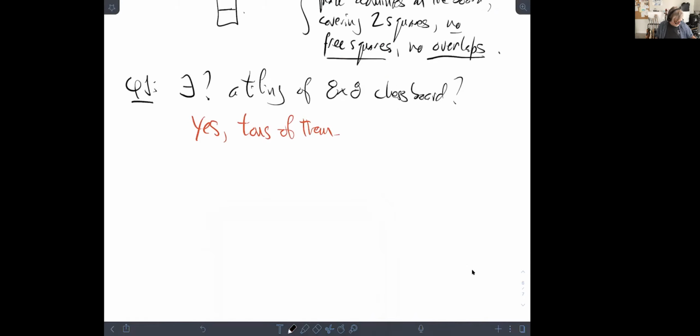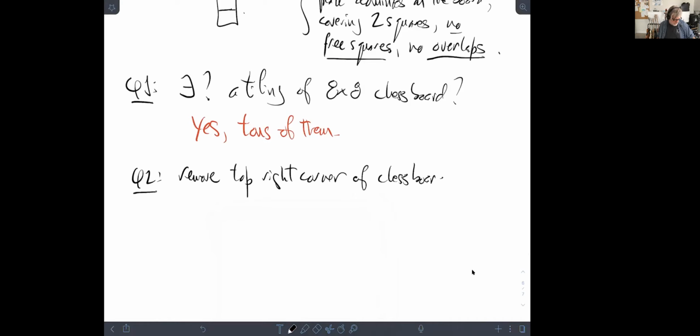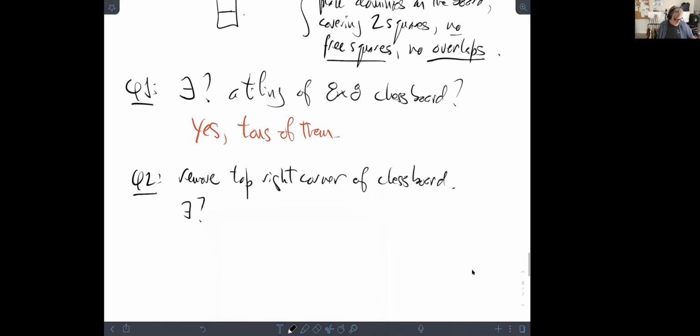Second question. Right, by the way, notice it's an existential question, so the proof is yes, there you go, boom, that's one, that's over, right? Question 2, let's say we remove the top right corner of the chessboard. Now, does there exist a tiling of the truncated board?